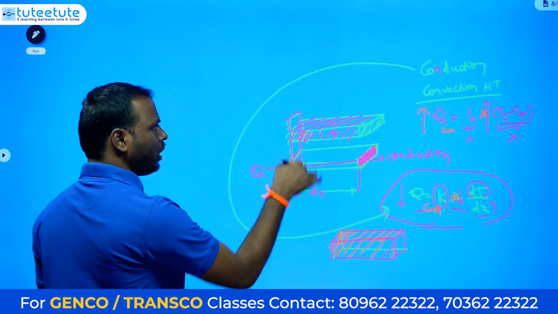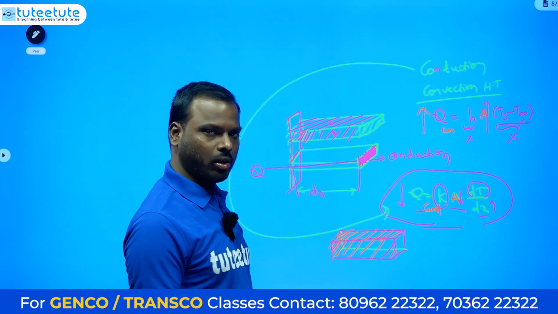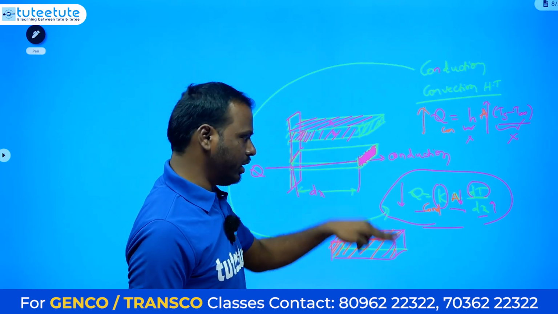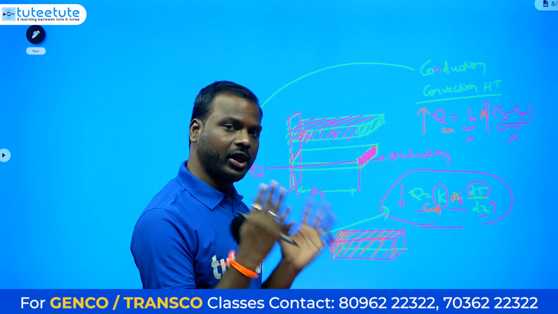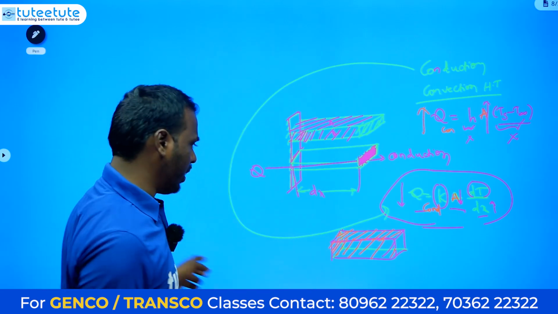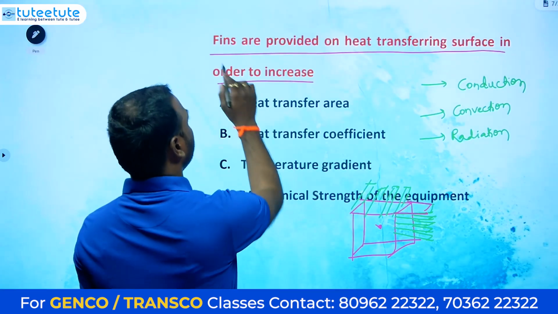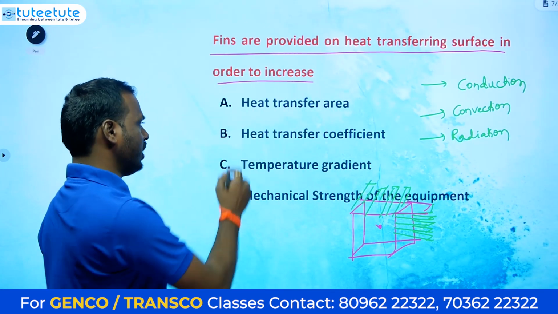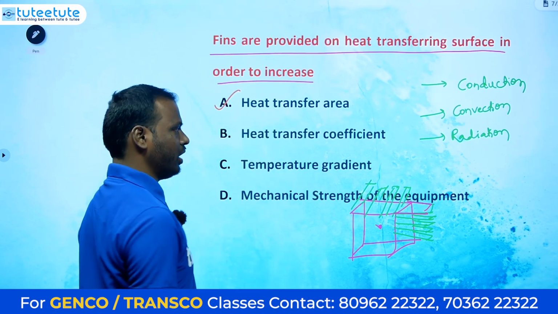So here, in the total conductive and convective heat transfer, convective heat transfer increases, conductive heat transfer decreases, and the total heat transfer will increase by adding the number of fins. What has been given: fins are provided on the heat transferring surface in order to increase the heat transfer area.